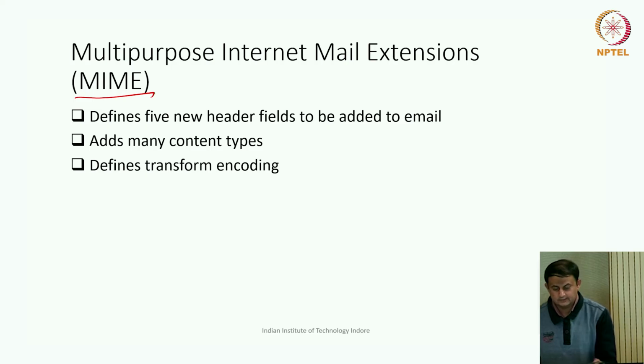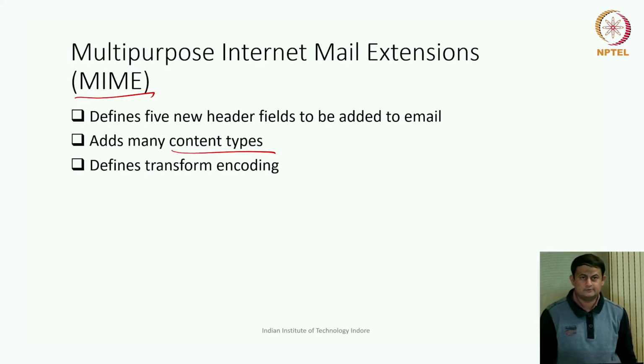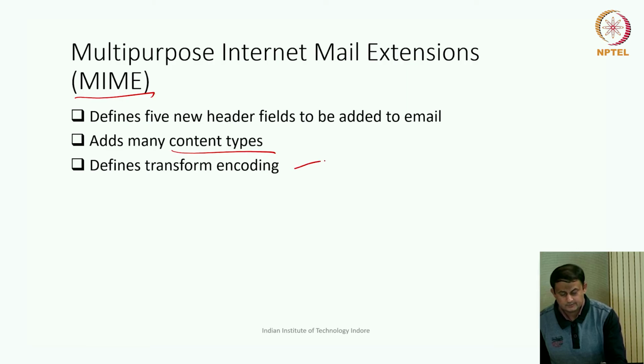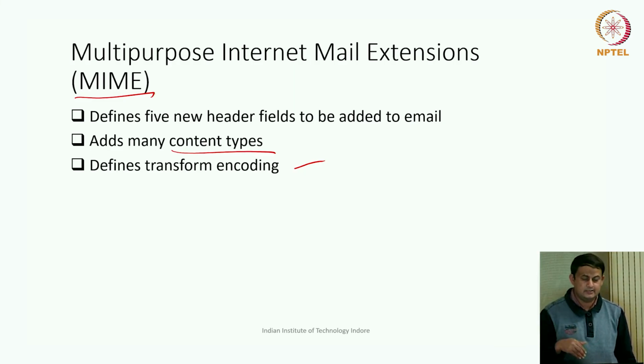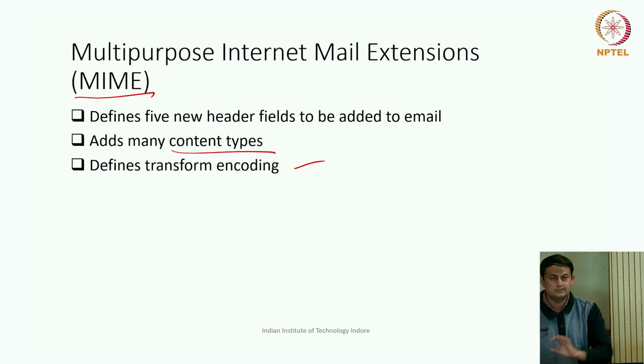To do that, it defines different content types. Content types can be image, video, and different types. Then it also defines something called encoding techniques. If we have a message or some file type which is not natively understood by SMTP, you can convert that original data type into a format through which you can send it over the email communication.